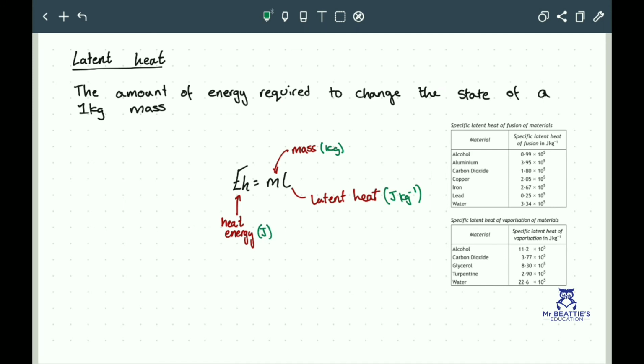We have to remember with latent heat that we're dealing with objects changing state, and so we've got 2 different state change points. We've got the state change between solid and liquid, and we're going both directions there, and that is what we call the point of fusion. Then the other side we have liquid and gas, and that is what we call vaporization.